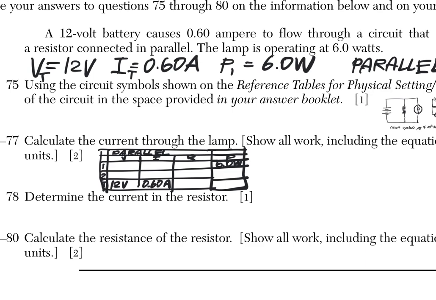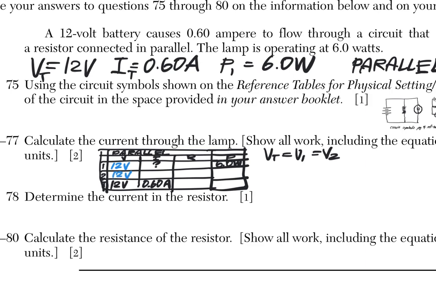All right. So what they want to know is what is the current through the lamp. Well, even though you have a table, when you say show all work, you should include equations. So we know that the total voltage is equal to V1 is equal to V2, which is a parallel rule. So if the total voltage is 12 volts, then the individual voltages are also 12 volts.